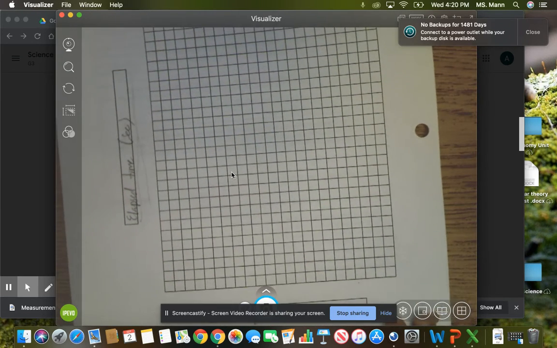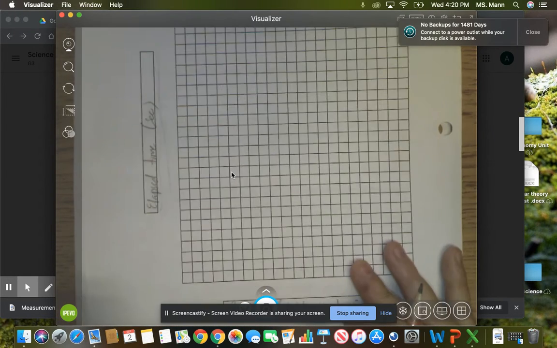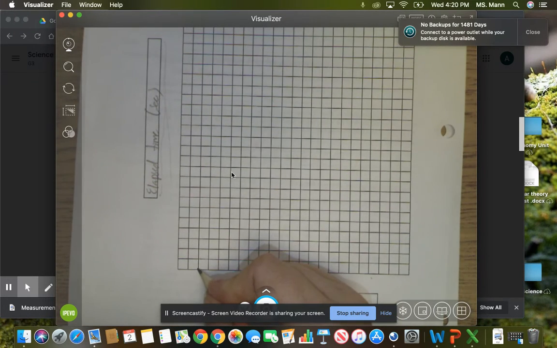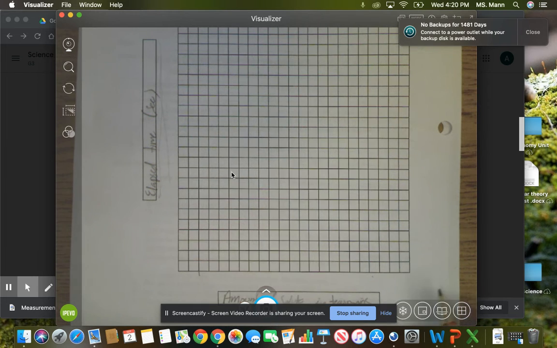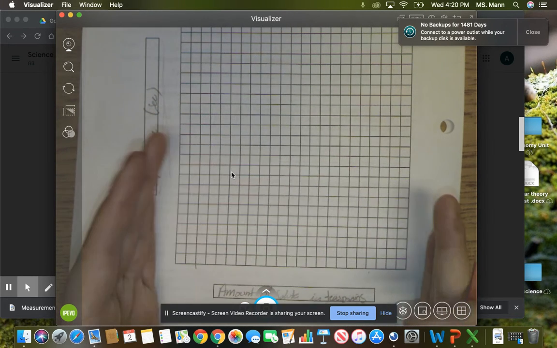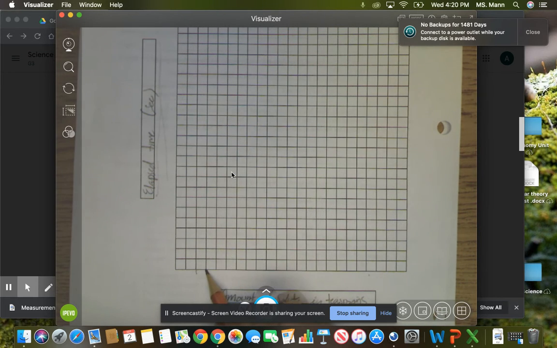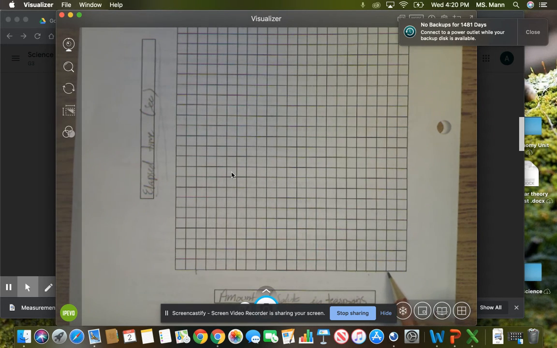And we know our max amount of teaspoons we're going to use is 4. So what I do is convert this whole thing into 4 equal parts. We have 1, 2, 3, 4, 5, 6, 7, 8, 9, 10, 11, 12, 13, 14, 15, 16, 17, 18, 19, 20, 21, 22.